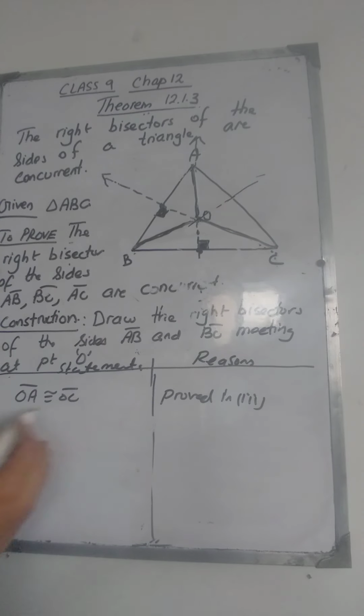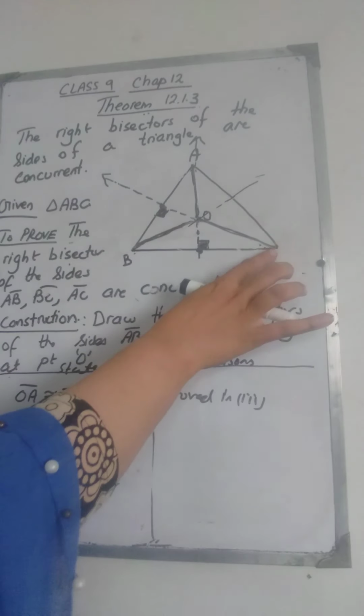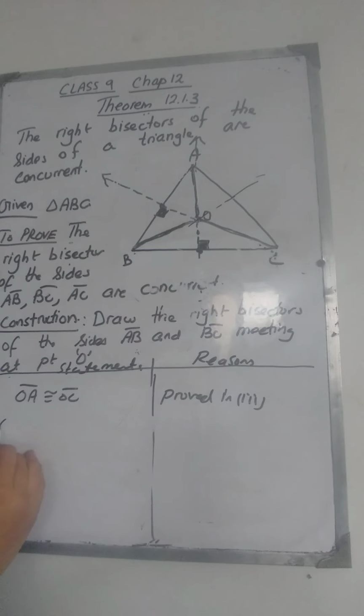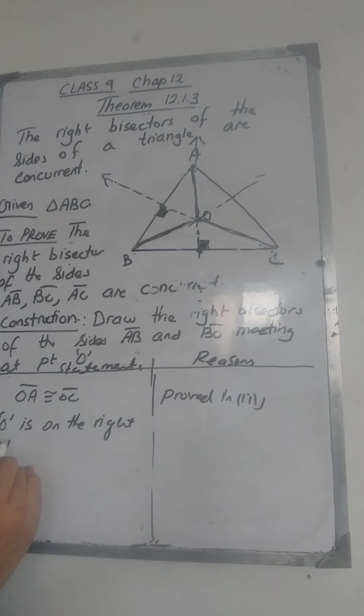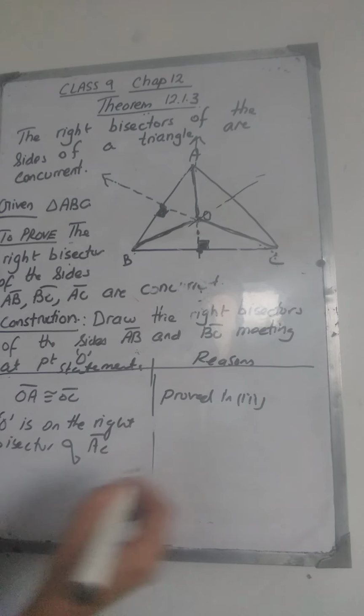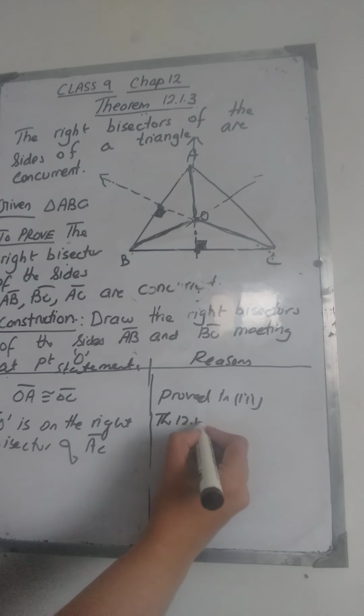As OA is congruent to OC, the distance of O from A and C is the same. Then O must be on the right bisector of AC. This is because of theorem 12.1.2.